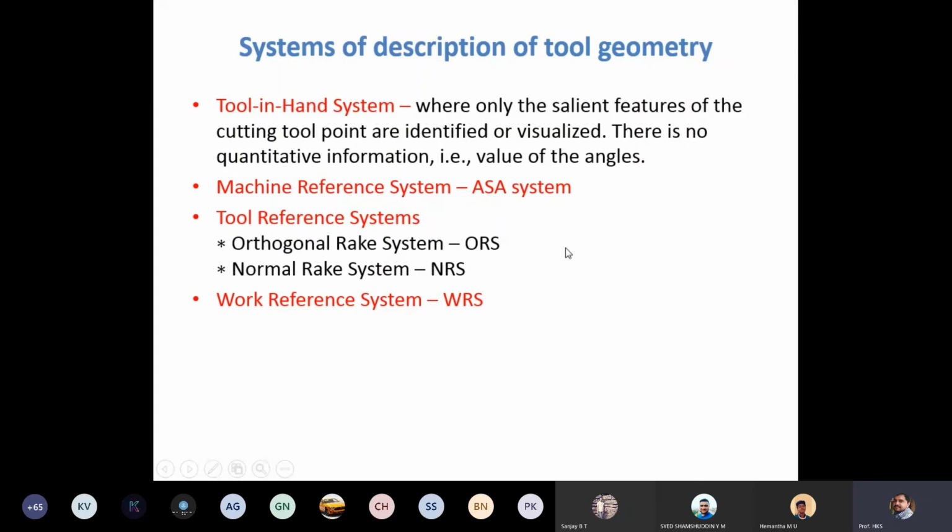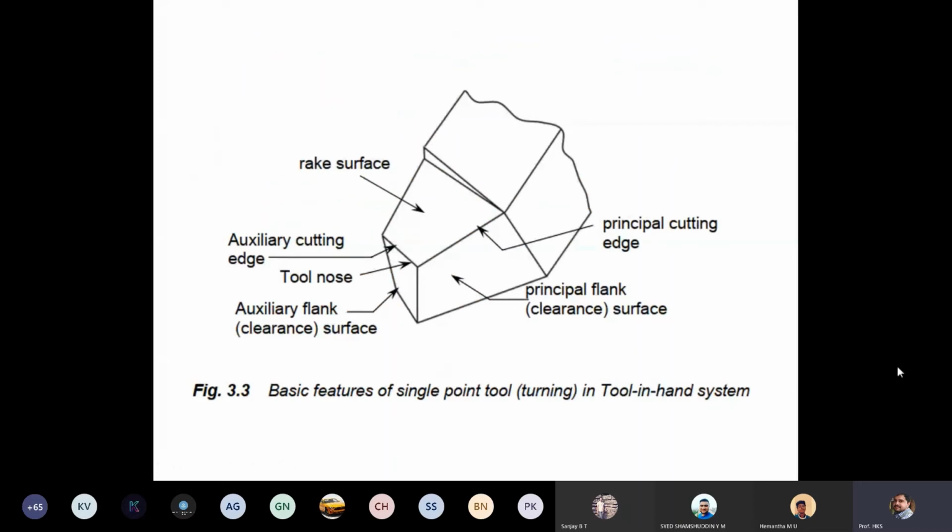Next, this is the representation in the case of the tool in hand system, the basic features of a single point tool. Here they have considered turning, that is a single point tool used for performing a turning operation on a lathe machine. This is the single point cutting tool. This is called the shank.